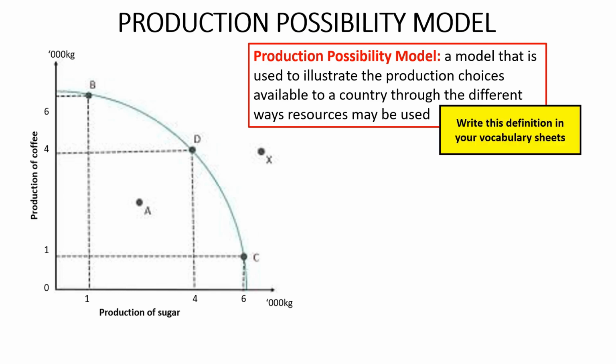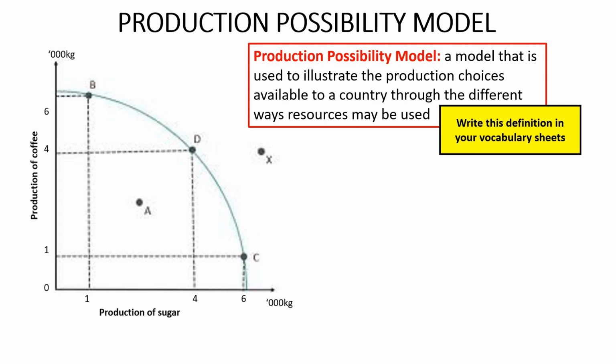Now, while the definition refers to a country, we can in fact use the production possibility model to illustrate different scenarios, including the choices that an individual business might make about the way it uses the resources available to it. However, for the purposes of this video, we will be referring to the production choices available to a country.